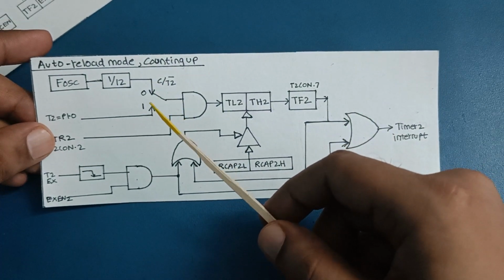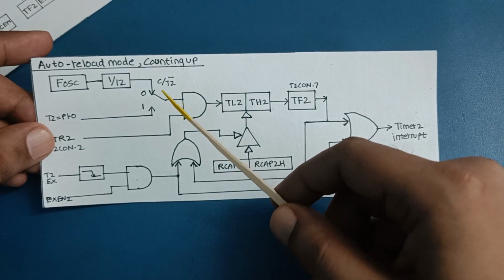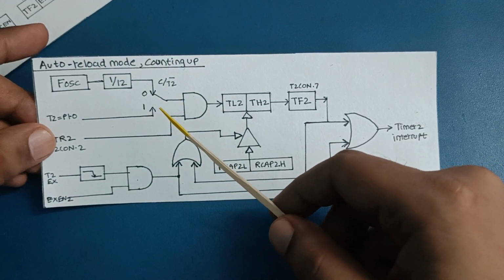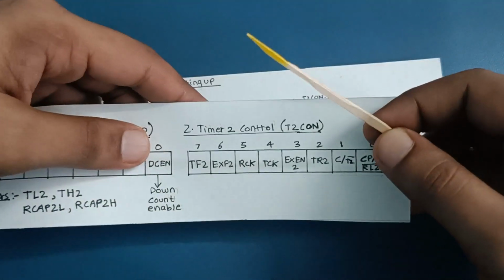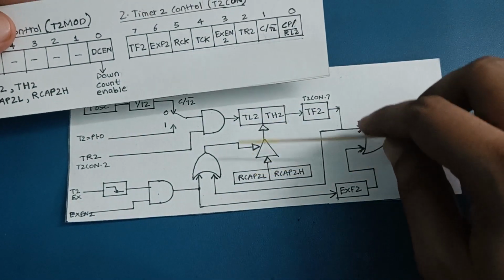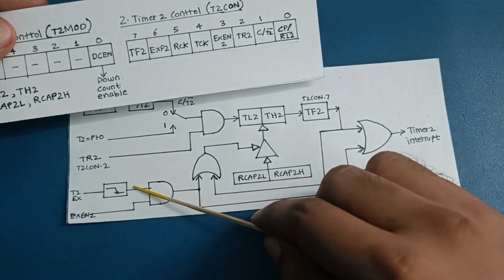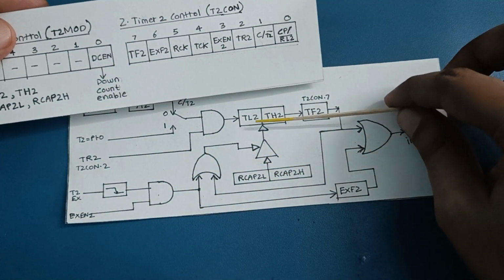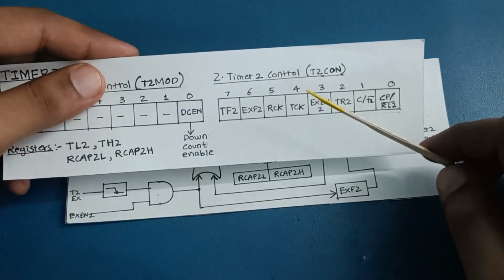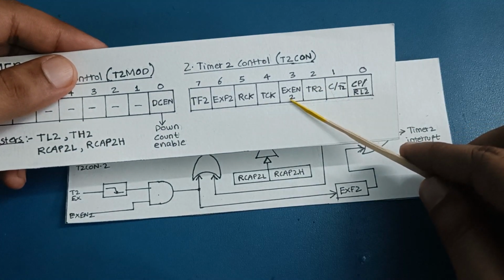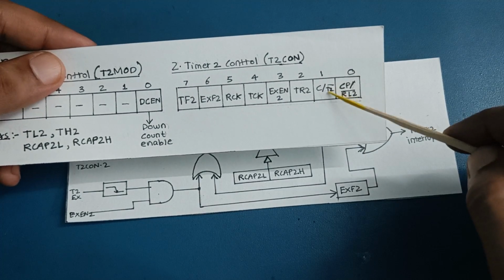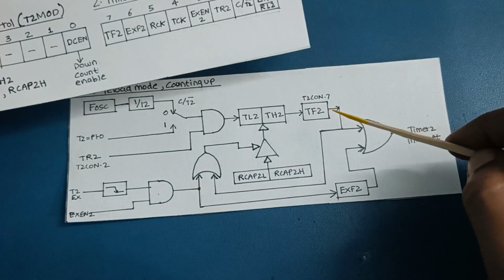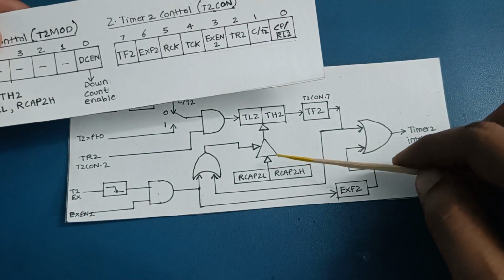So now let's see by keeping this C/T2 bar at 1, because we want to see how the external counts increment the counter registers and how the auto reload takes place, and how giving an external pulse also causes the auto reload. So we will keep this EXEN2 bit 1, and we'll keep this C/T2 bar also 1. Now here we are not in the capture mode, we're in auto reload mode.